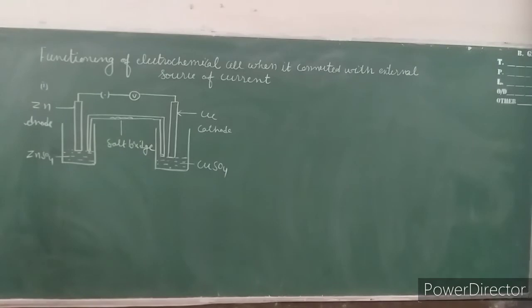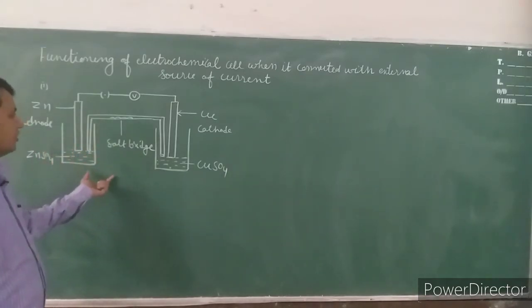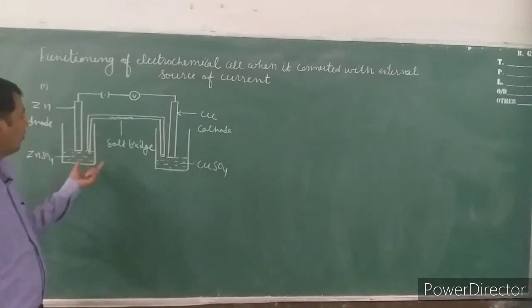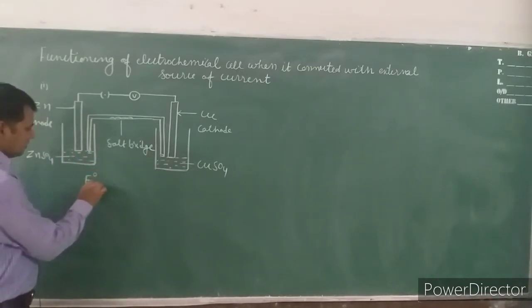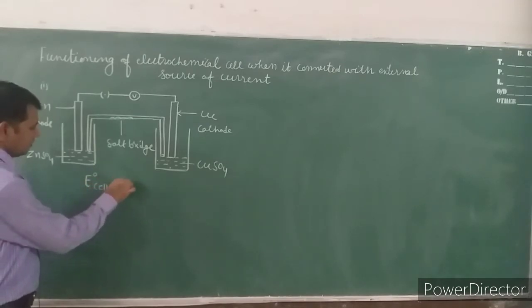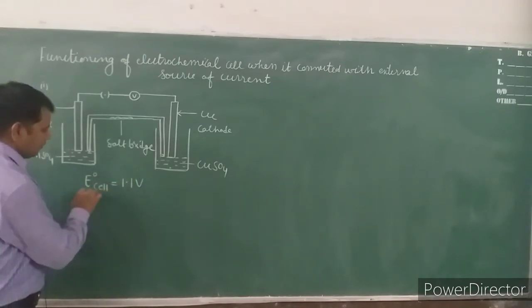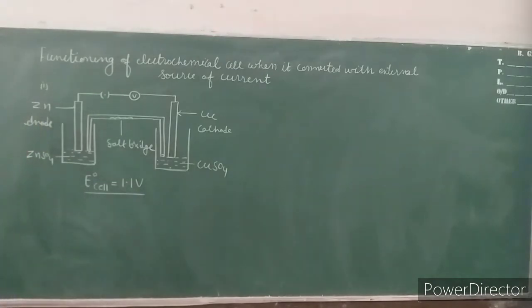And in this setup, the cell potential of this electrochemical cell, or Daniell cell, which is known as E standard cell, comes to 1.1 volt. How this 1.1 volt comes, we will discuss in our upcoming classes.